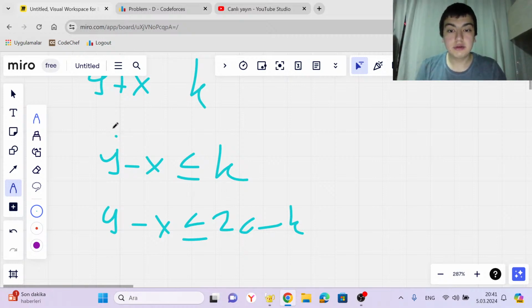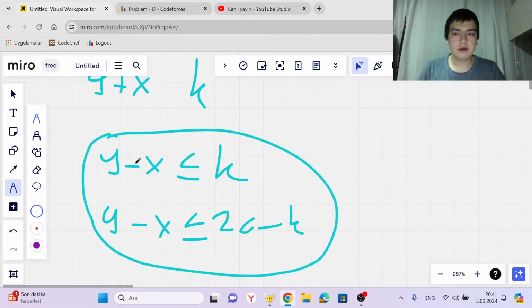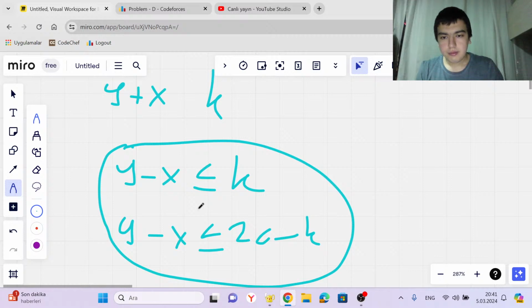So we need to look at how many numbers correspond to these equations.